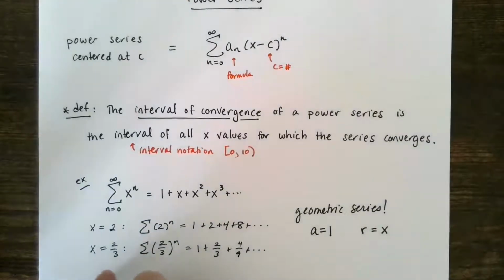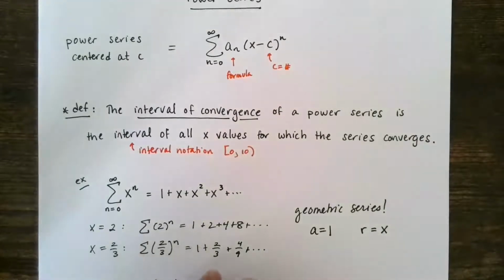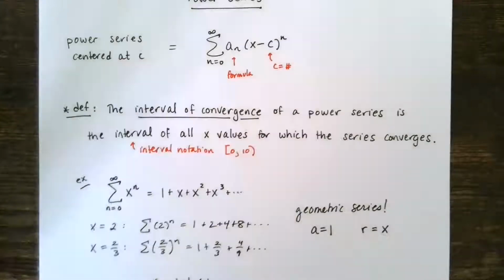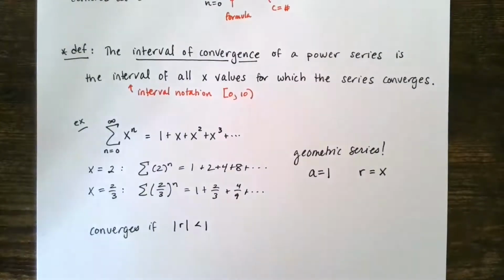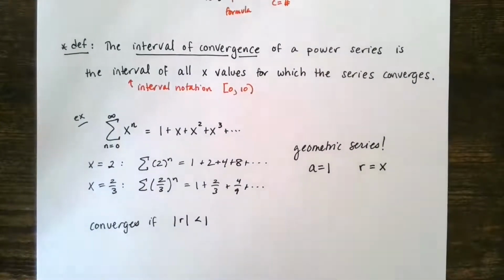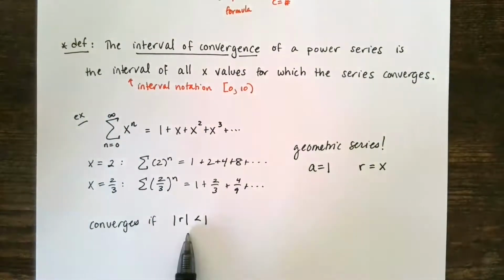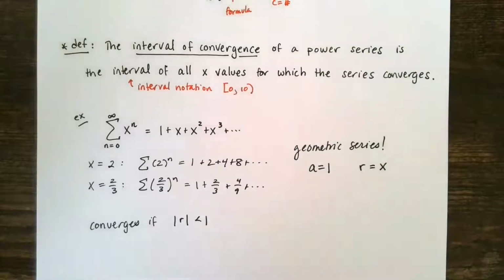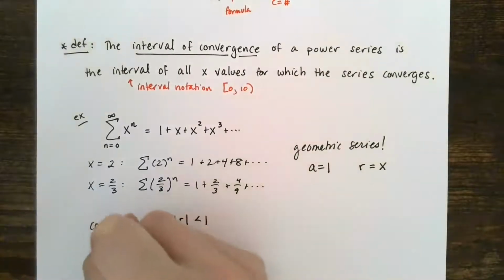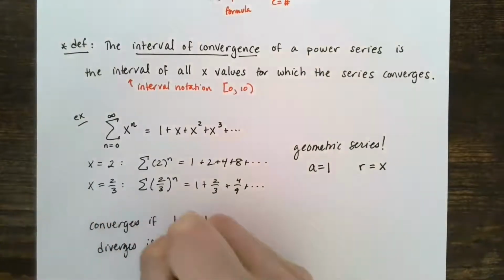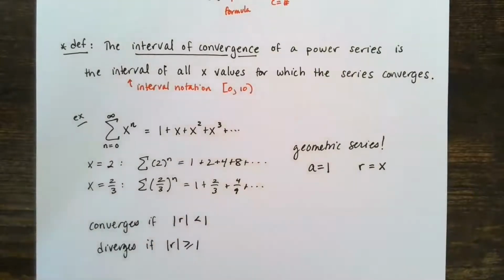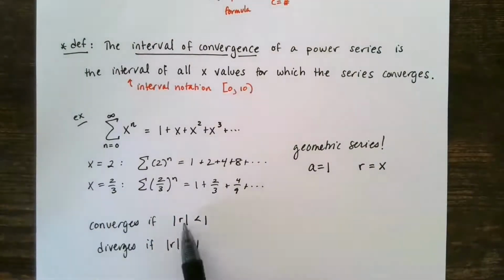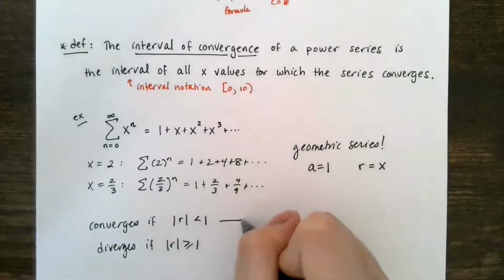And we know that a geometric series converges if the absolute value of r is less than 1, and it diverges otherwise, right? And the r in this particular setup is the x from the series.